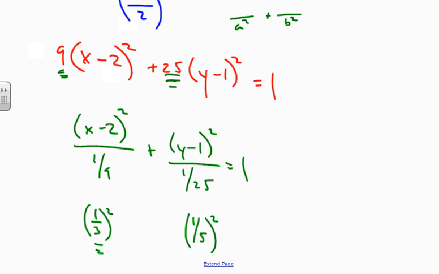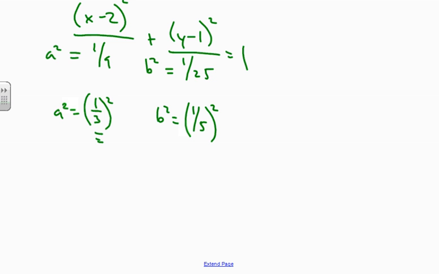So this right here is our a squared. And this one, because it's the lesser of the values, is going to be b squared. So from here, we can then identify a, which is going to be 1/3, and b is going to equal 1/5. Nobody likes using fractions, especially me, but sometimes you got to do what you got to do.